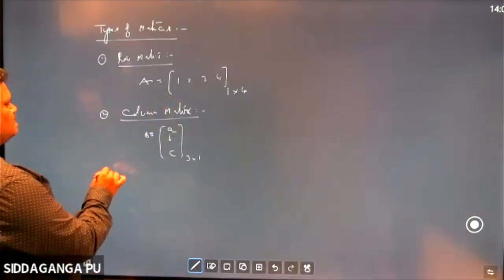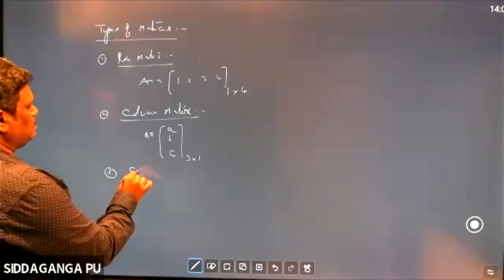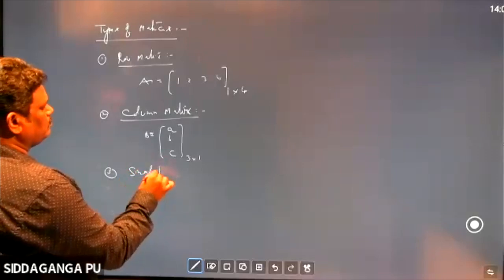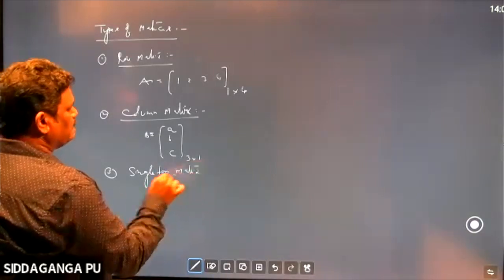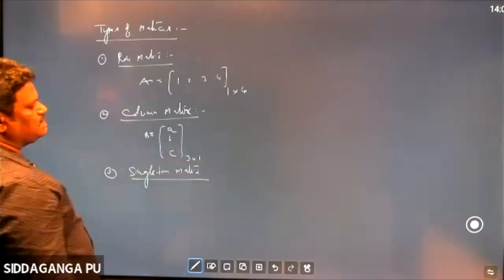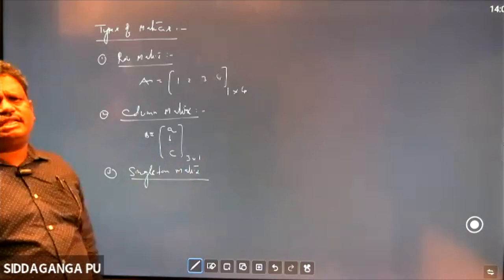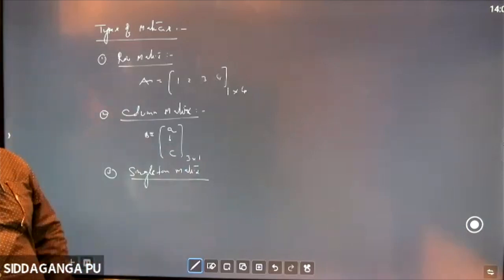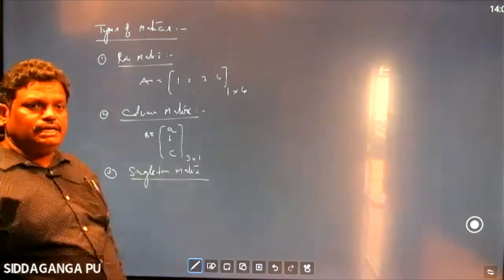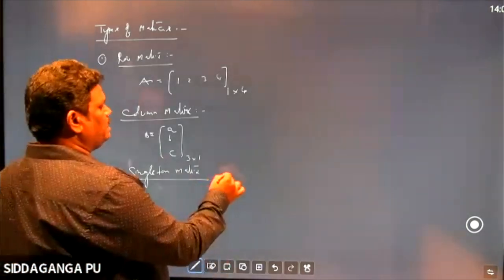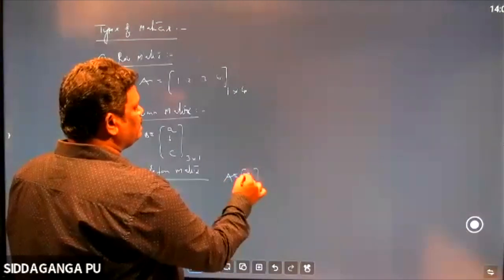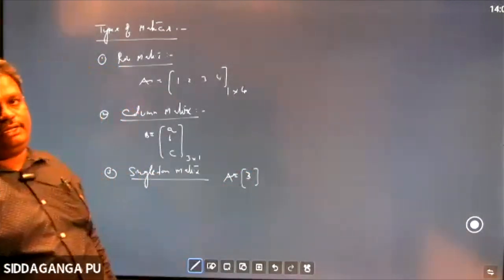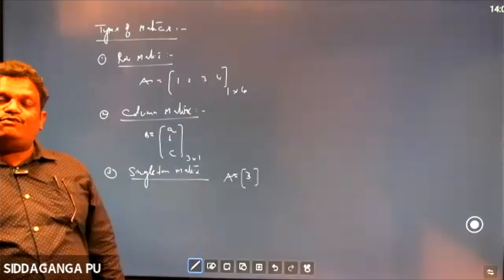Another one, singleton matrix. Singleton means only one element. A matrix that contains only one element is said to be a singleton matrix. For example, A is equal to 3. This matrix contains only one element.